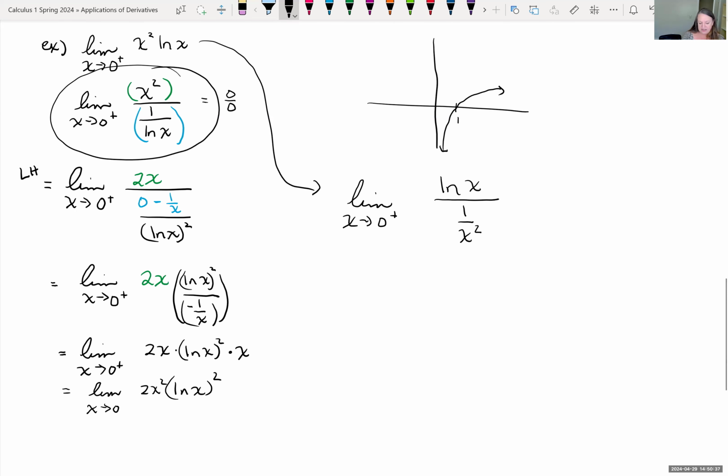In this form, we're getting infinity over infinity, which is our indeterminate form. Let me rewrite this a little bit. So the limit as x is approaching 0 from the right of the natural log of x all over x to the negative 2 power. So now let's go through and take the derivative again.